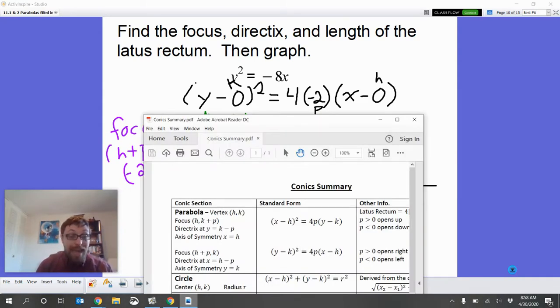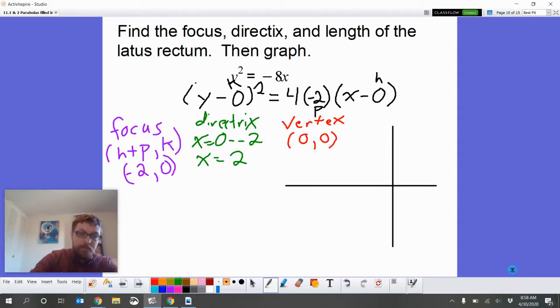Finally, we've got our axis of symmetry. Axis of symmetry is easy. It's y equals k. So our k value is 0. So my axis of symmetry is at y equals 0.